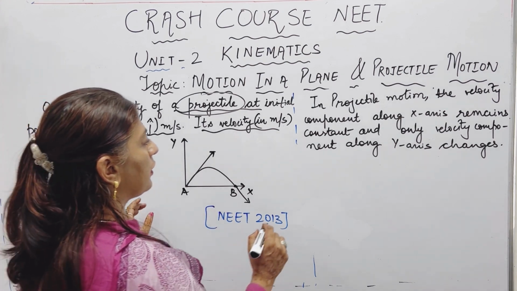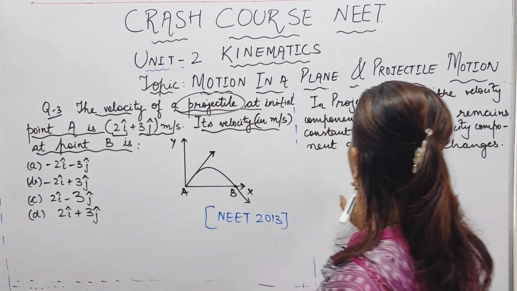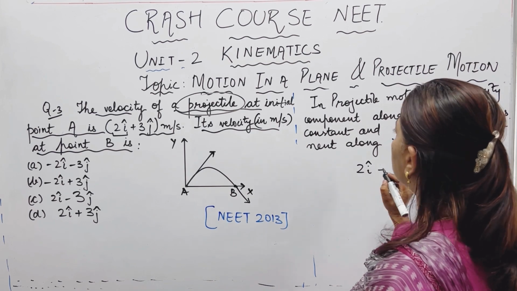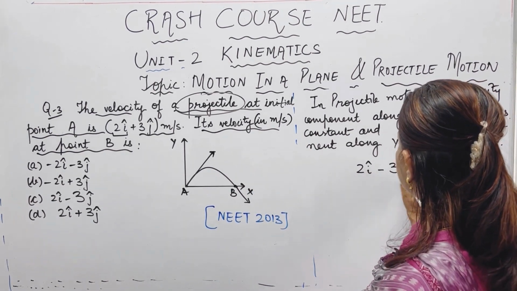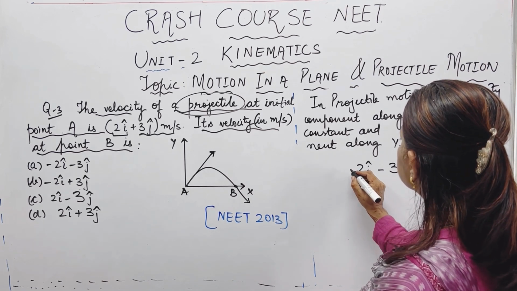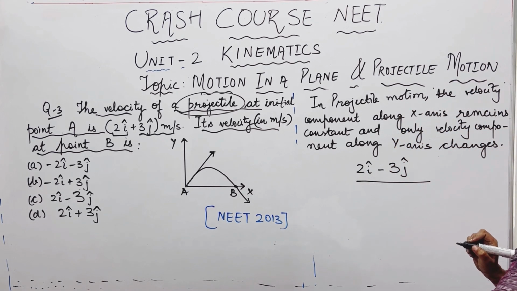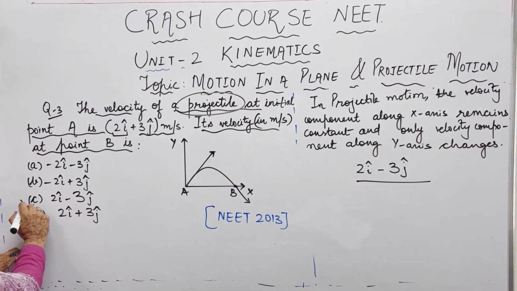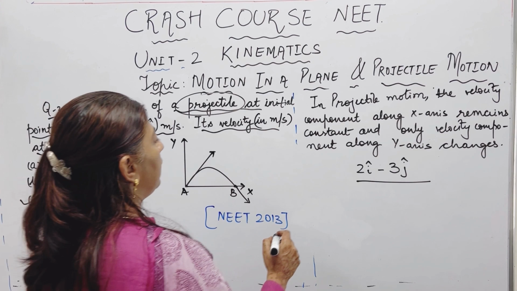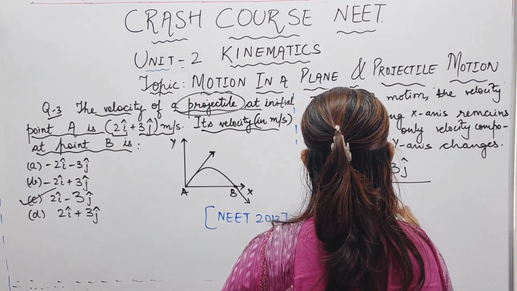So for no change in x component, it remains 2i, and for the y component, it has got reversed, so a minus sign is there. So this is the new velocity at point B, and according to this, it goes with option C. So the answer for the third is option C.